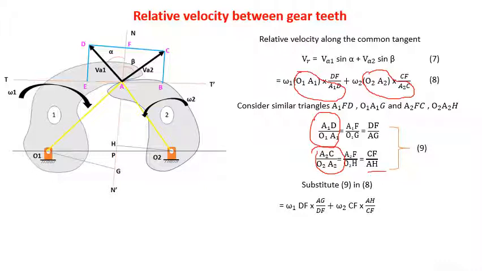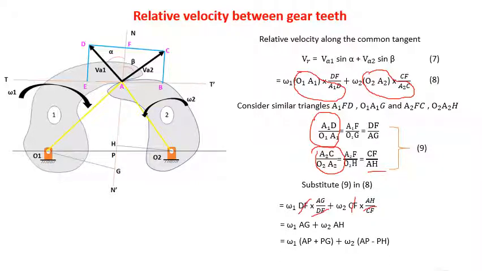Therefore equation number 8 becomes omega 1 into DF into AG by DF, plus omega 2 into CF into AH by CF. DF gets cancelled, CF gets cancelled, so the remaining terms are omega 1 AG plus omega 2 AH.